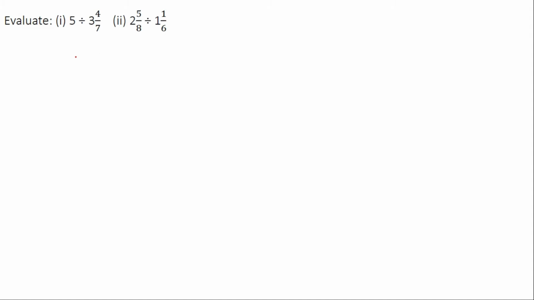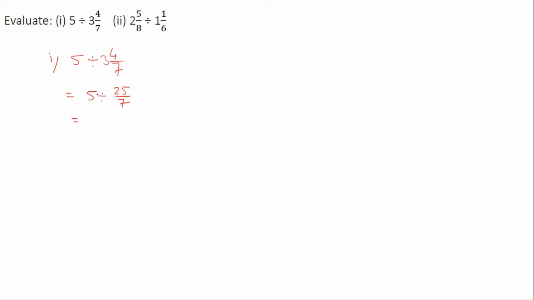Next we have to evaluate the value of number 1, 5 divided by 3 whole 4 by 7. So we can write it as 5 divided by, first work is to change this mixed fraction into an improper fraction, so it will be 25 by 7.